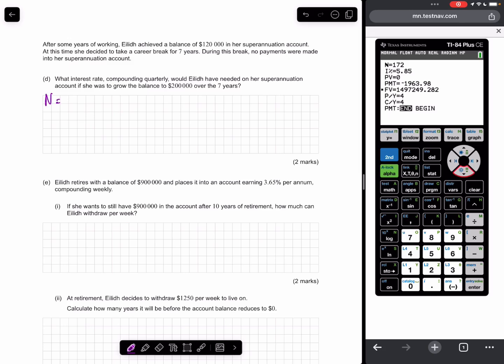So N is 7 years times by 4, 28 quarters. The interest rate is what we're trying to find. PV was at $120,000 in the account. No payments were occurring because she stopped working. FV, we wanted it to grow to 200,000. PY and CY are both 4.